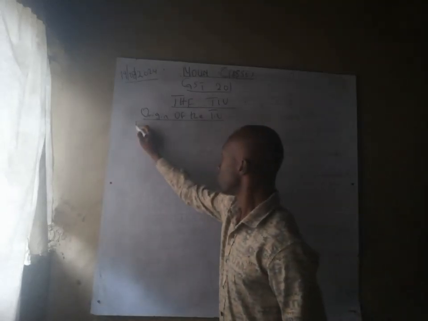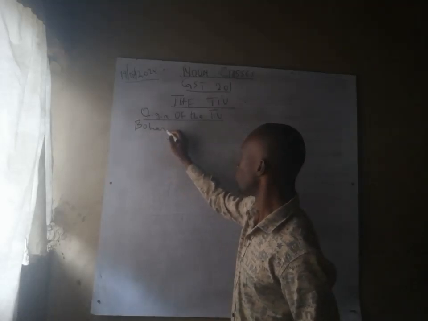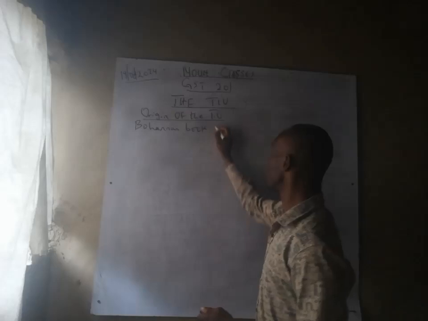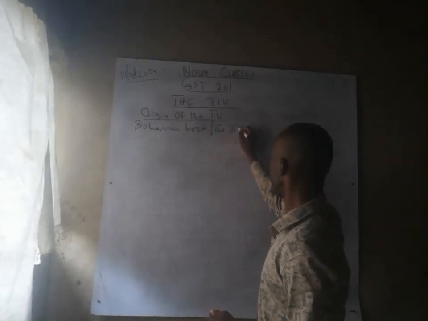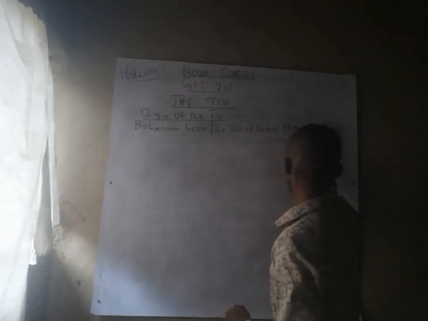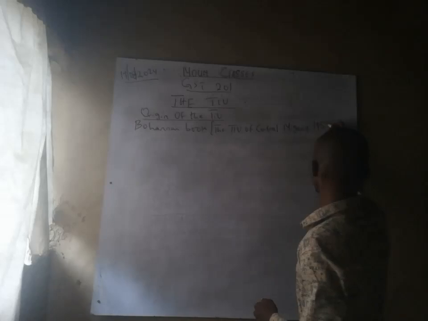Origin of the Tiv. Now, the Tiv can be looked at through the book of Bohannan, The Tiv of Central Nigeria, 1953.